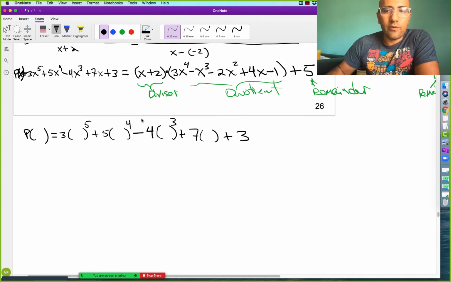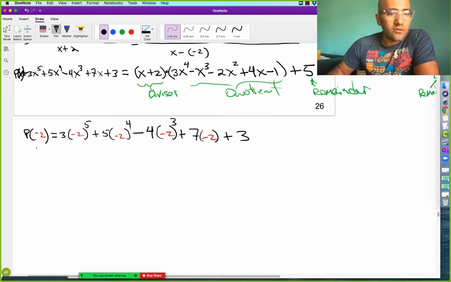So if I want to evaluate this whole polynomial at x equals -2, we have -2 there, -2 there, -2 there, -2 there, -2 there. Okay, doable but not fun at all, right? And that's kind of hard to figure out. -2 to the 5th power times 3, that's going to be a big number. -2 to the 4th power times 5, that's going to be a big number. So this is definitely not fun.